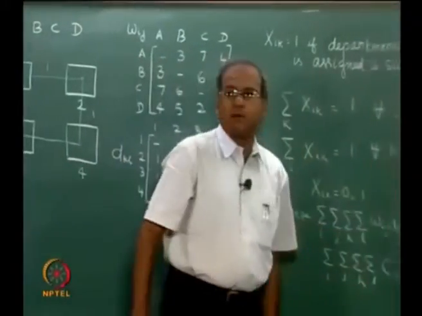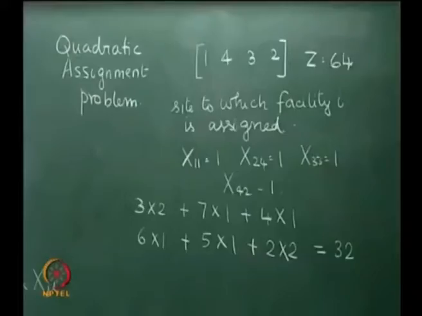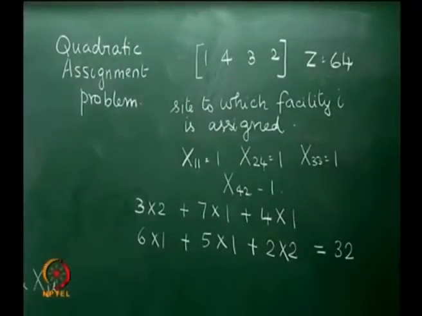Nevertheless, the quadratic assignment problem is a difficult problem to solve, and as n increases, as the number of departments and number of sites increases, the computational effort to solve this problem optimally is of exponential order, and it becomes difficult to solve optimally because the computational time will be very high.